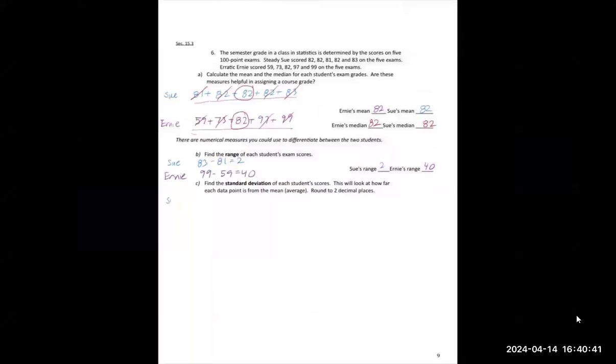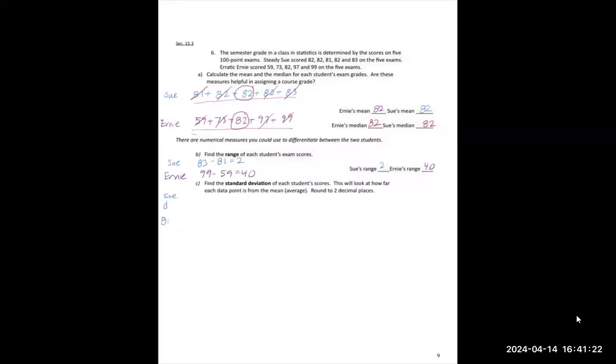For Susie, I'm going to do this D minus A. So D stands for data point. So I'm just going to go down the list of her different test scores. The first test score was 81 minus the average, her mean was 82, which is the same as Ernie's mean. That leaves -1. Before I continue, I'm going to take all her test scores and list them. Those are the data values for Susie.